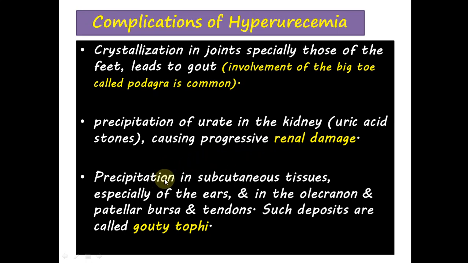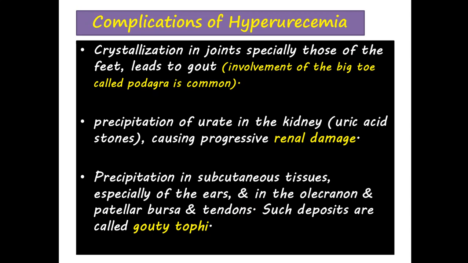The precipitation in the subcutaneous tissues, particularly of the ears and in the olecranon and patellar bursa, where there are cartilages and tendons, there may be localized accumulation of monosodium urate crystals surrounded by a zone or rim of inflammatory cells: lymphocytes, monocytes, macrophages, and giant cells.